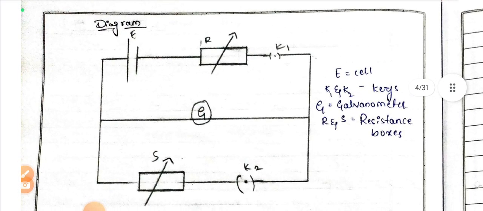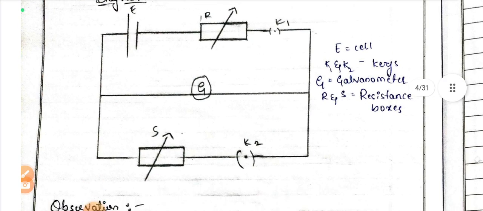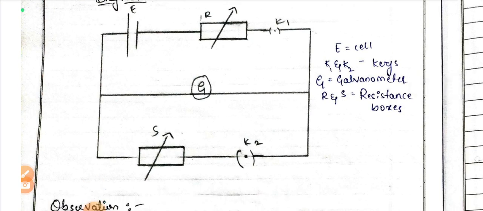Here in the diagram, E is the EMF of the cell, and the positive of the cell is connected to one end of the galvanometer. The other end of the galvanometer is connected to K1, and the other end of K1 is connected to the variable resistance, that is capital R. One end of the galvanometer is also connected to one more resistance box, small r, the shunt resistance.